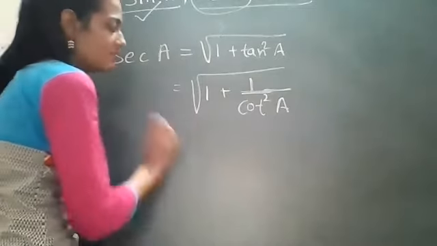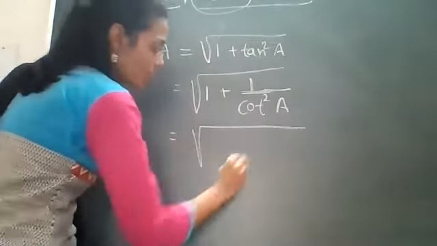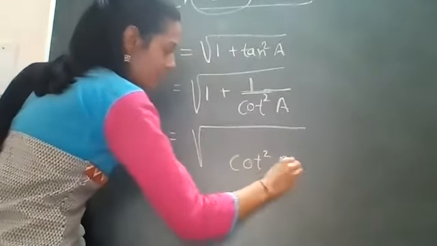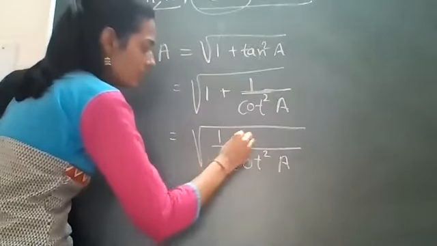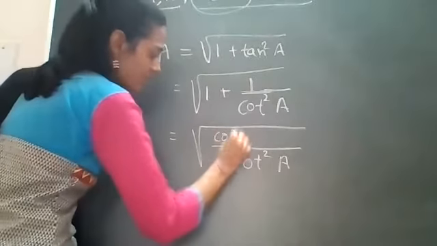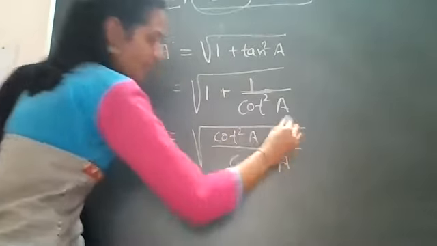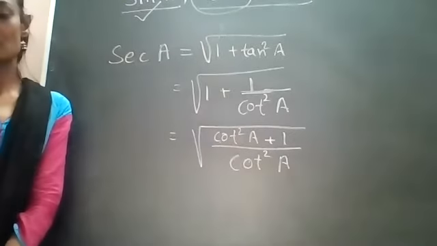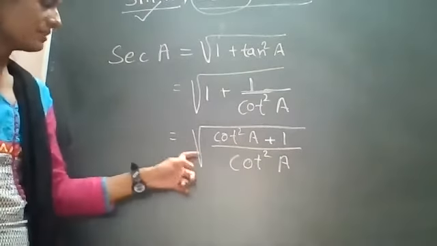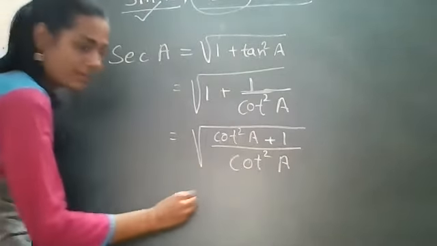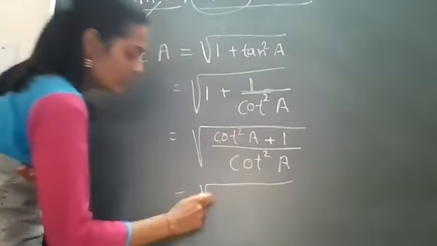Now we can take the LCM. So here what will come? Cot square will become the LCM and upper side will come 1, becoming cot square A plus 1. Right? That will be our answer. And if you are taking the under root, what will become at last? Only under root will come upper side.